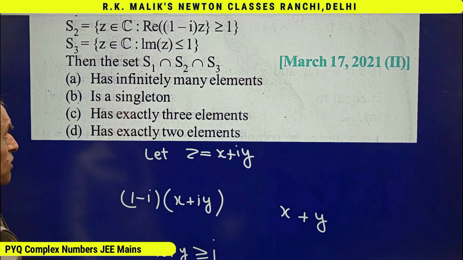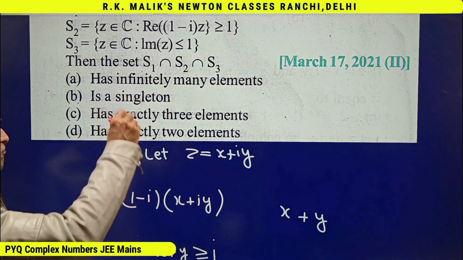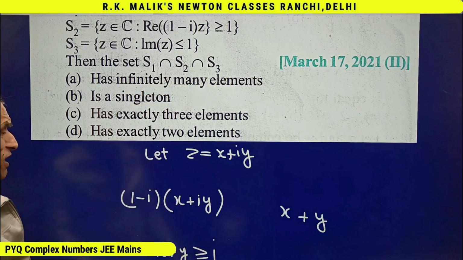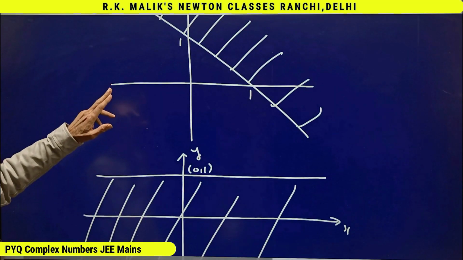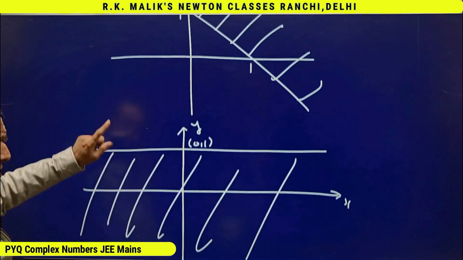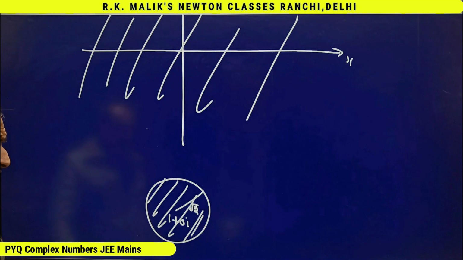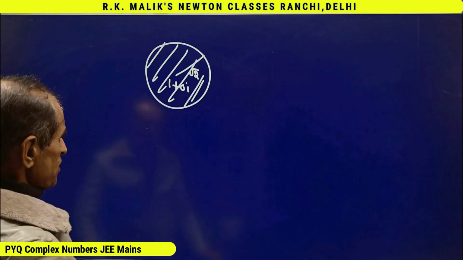Hence, to check all the complex numbers belonging to S1 intersection S2 intersection S3, I draw all three graphs in the same complex plane.